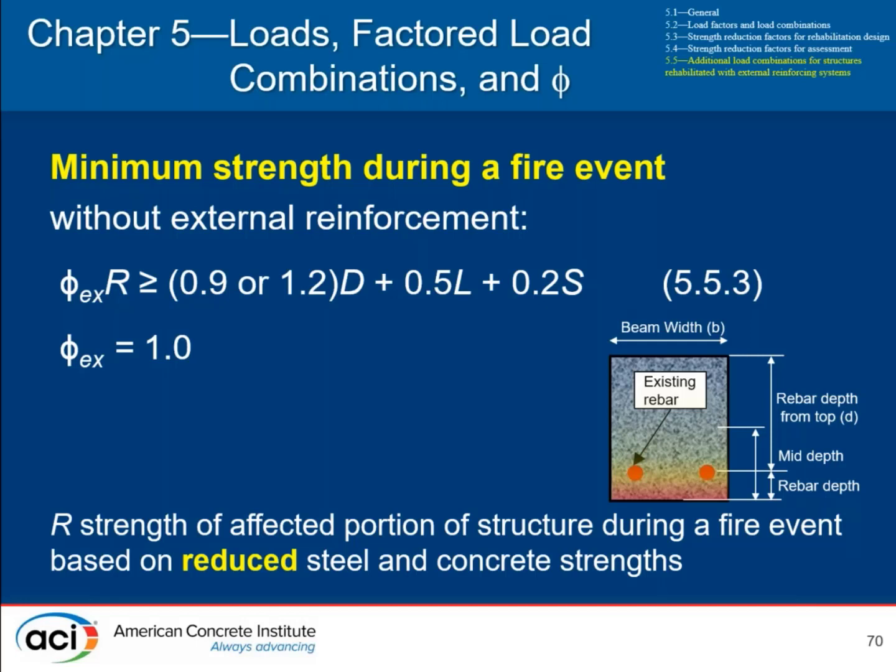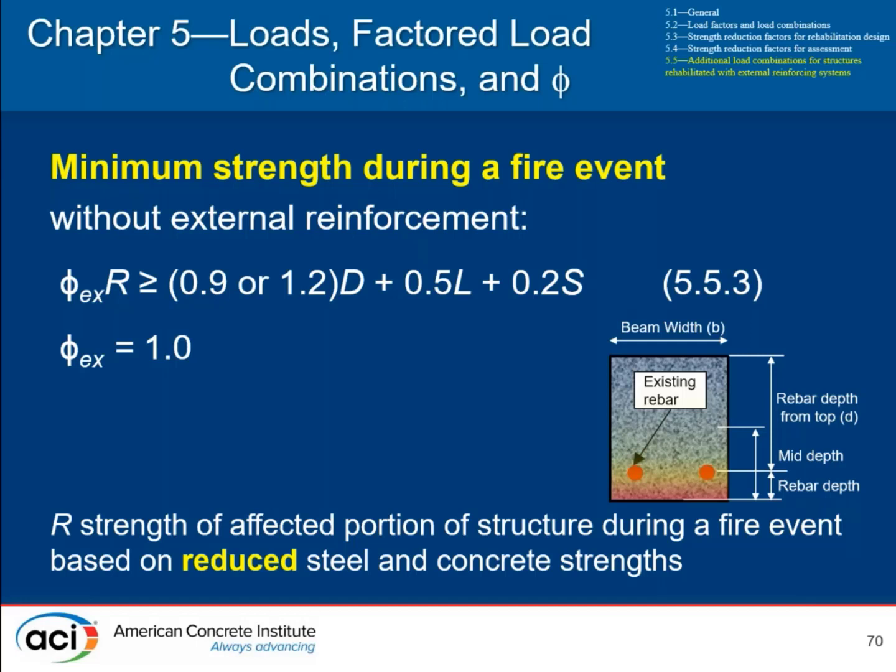And so again, with that equation, the idea is that the fire event is a rare event, so the companion action, live loads or snow loads, that would be the magnitude of transient load acting during that short period of time while the fire is taking place, are not the full specified loads, but something less than that. So we have a 0.5 factor applied to the live load and a 0.2 factor applied to the snow load.